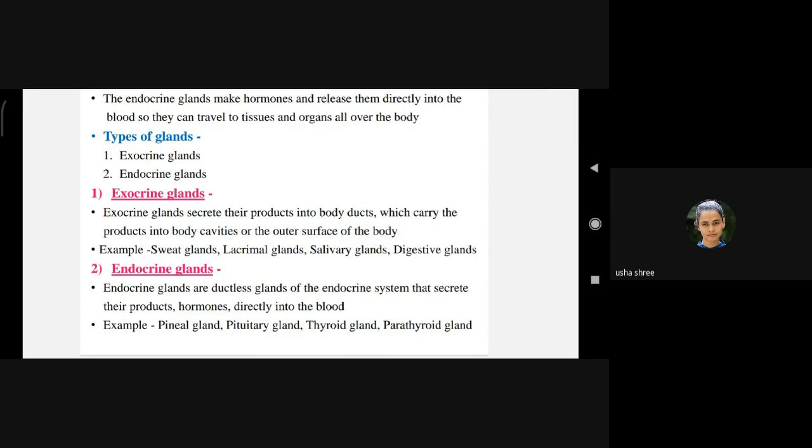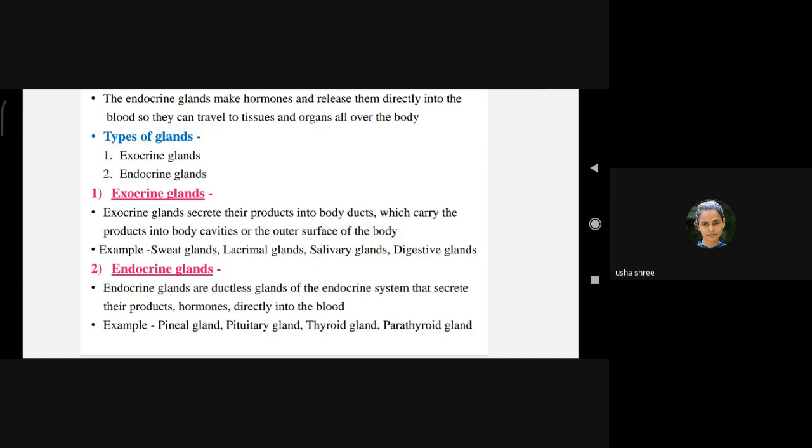Saliva is produced by the salivary gland, and that saliva is released by the salivary duct. And you can remember the liver is secreting bile juice, right? And the pancreas is secreting pancreatic juice.